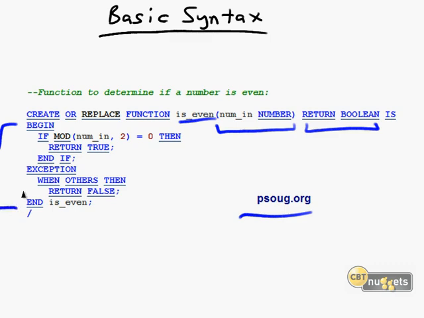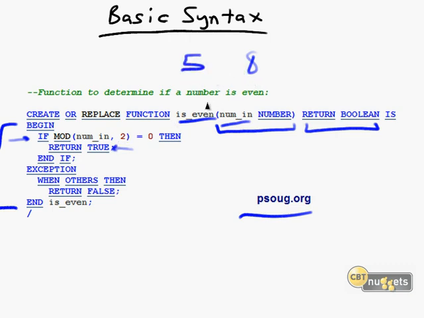Between our begin and end block we have, as I said, the guts of the function. It's going to take whatever number is passed into the function, let's just say 8 as an example, and it's going to run a division dropping the remainder. 8 divided by 2 equals 4, remainder 0. So this if statement, conditional logic now, is going to return true, isn't it? Because 8 is indeed an even number.